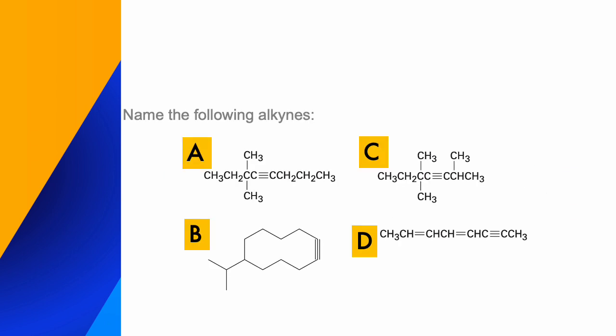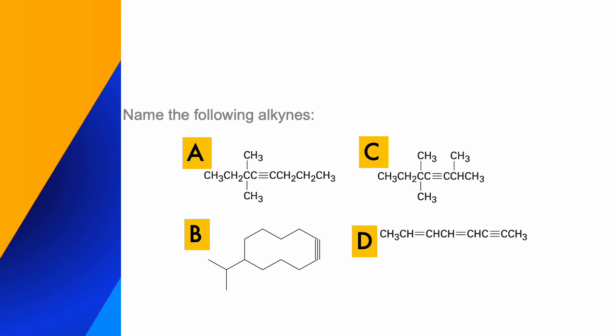Alright, this time you try to name the following alkynes. For example, in letter A, again, this is a reminder to everyone that you have to apply the other IUPAC rules that were applicable in alkane and in alkene.